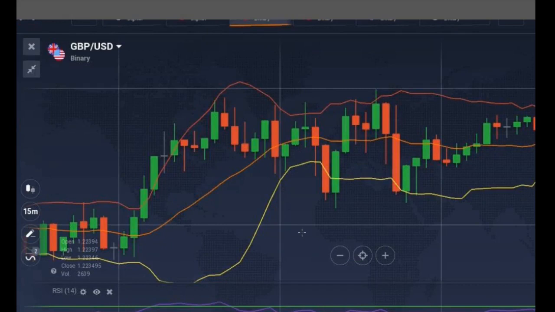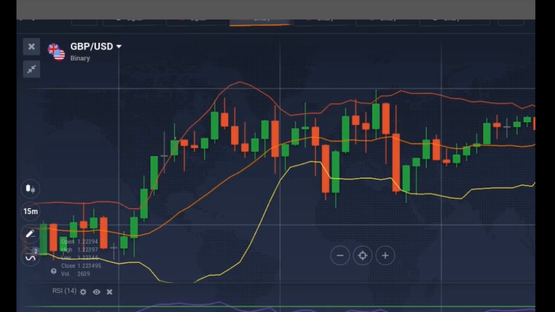This is a Great British Pound USD. This is another wonderful chart. It's very, very reliable. What you want to see is the price closing out of the upper band.